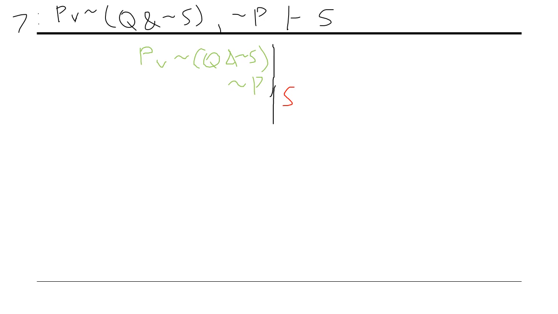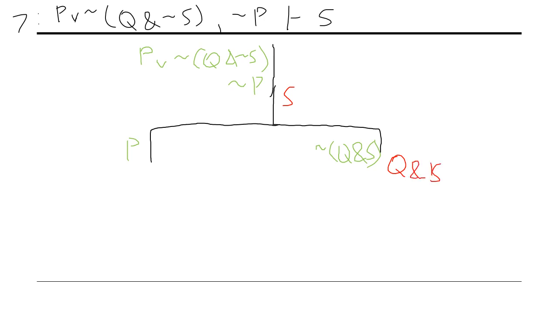It is a wedge, so makes a wedge true if one side is true. P or Q and S. We gotta do something with this Q and S. And it's got a tilde in front of it, so the first thing we gotta do is flip them across.